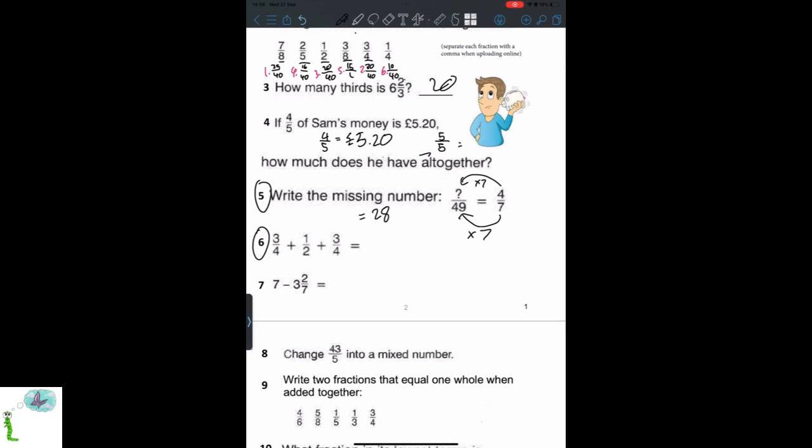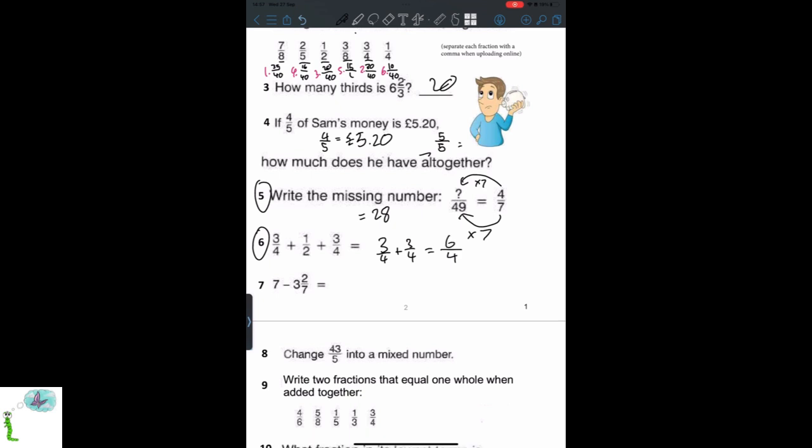Question 6. What we can do is we can first add the numbers that have the same denominator. And with that, you just keep the denominators the same and you add the top two, so it's 6 over 4.